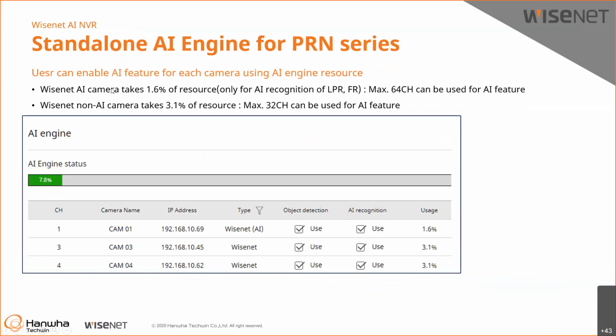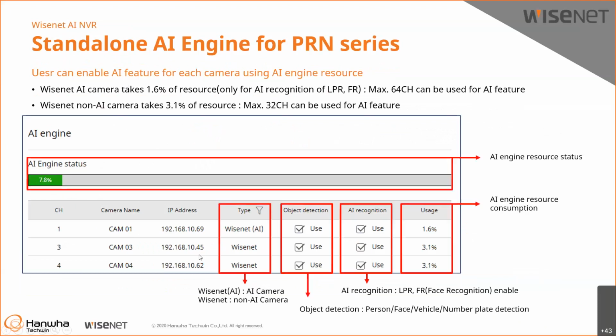So if you have this PRN AI MVR, you can see this page from the menu. So there's the AI engine resources. And if you turn on AI features for a non-AI camera or an AI camera, it will take some resource from the AI engine like this. So if you are using an AI camera, it will be displayed as AI and it will take 0.6% of the AI engine resources to use AI features.